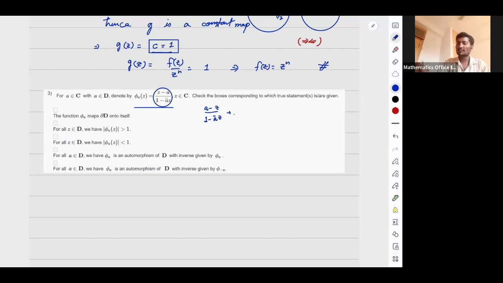So if we say this is our phi a, this function, so this phi a is equal to minus of psi a, whatever you understand this. So this sends unit disk to unit disk. We have proved it twice in previous sessions, also in the classroom. But what is this phi a, which is given in the question? This is minus of that.